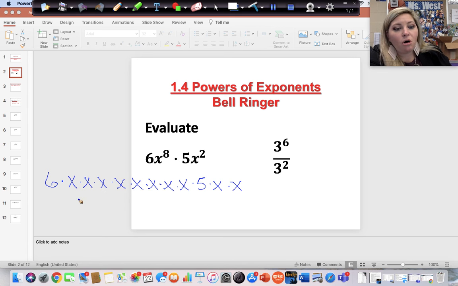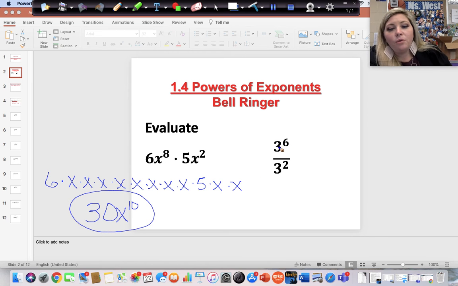So if I was putting all these x's together, we would have x to the 10th power, and then 6 times 5 gives us 30. So we've got 30 times x to the 10th power. Remember, when we are dealing with variables, which are just letters that stand for unknown numbers, and numbers, our numbers always come before the variables. So it would be 30 times x to the 10th power.